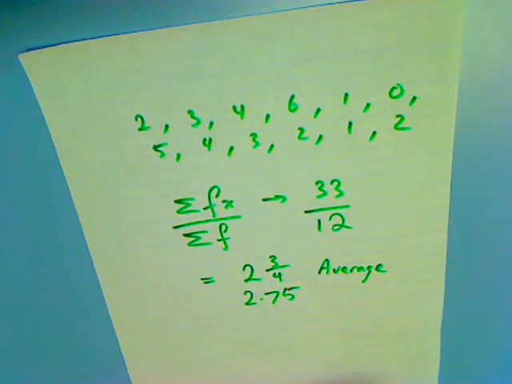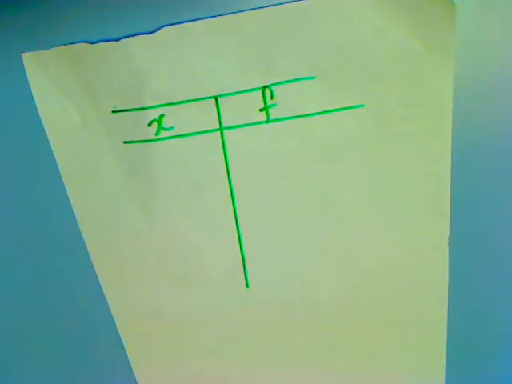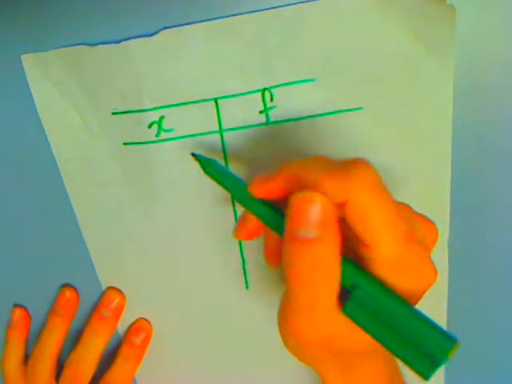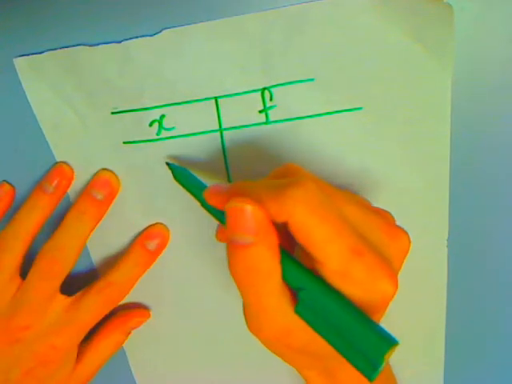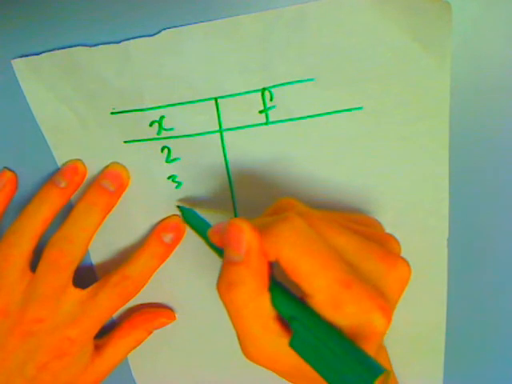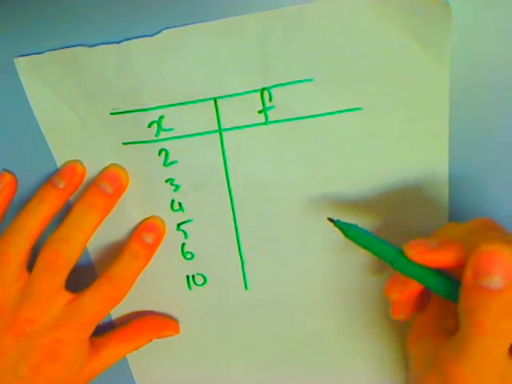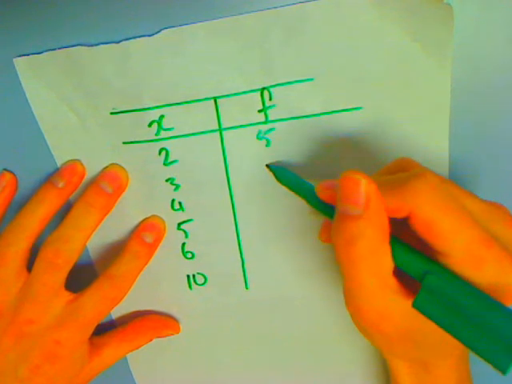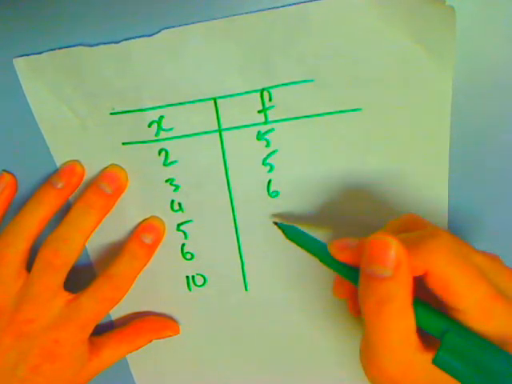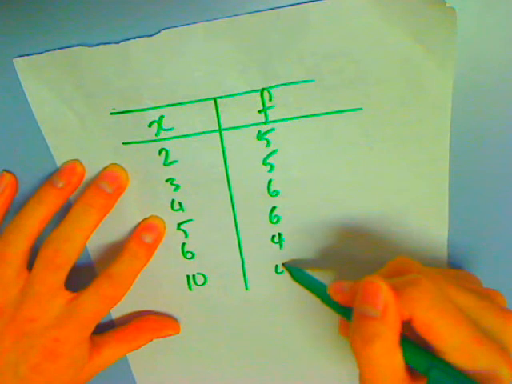This table is just a nicer way to describe all the information. I'm going to write the numbers again from a previous example, or in this case, the one that we did on the board. So I've got 2, 3, 4, 5, 6, 10. The frequency of these were 5, 5, 6, 6, 4, 4.